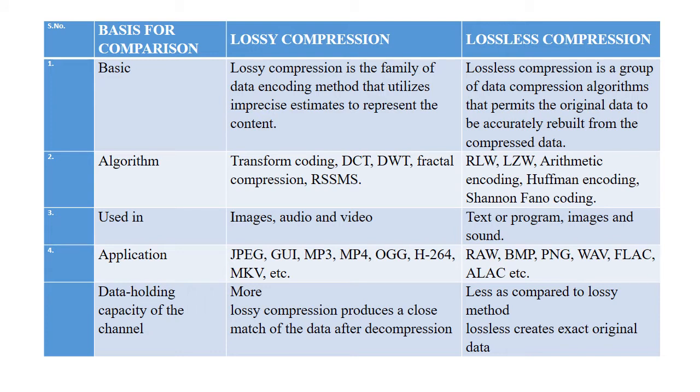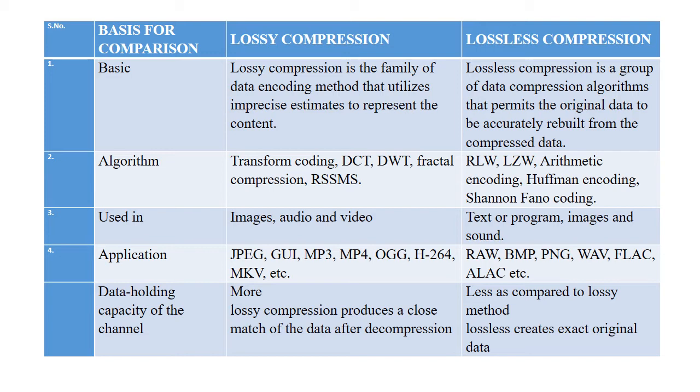First, lossy compression is a family of data encoding methods that utilizes imprecise estimates to represent the content. Lossless compression is a group of data compression algorithms that permits the original data to be accurately rebuilt from the compressed data. Then what are the different algorithms you can prefer for these two types of compression?